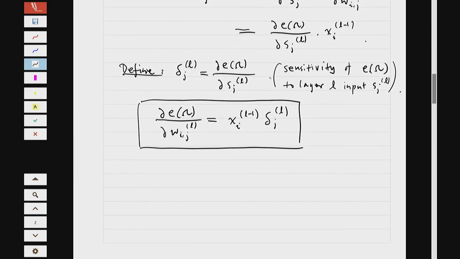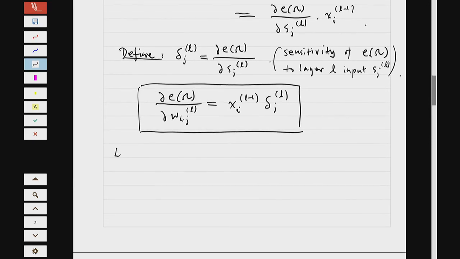And since there are so many of them, I and J, we would like to combine them in a compact way by writing a matrix vector multiplication form. So we simply define this of all of them. This is a big matrix. You can view it almost like the gradient with respect to the Lth layer weights.